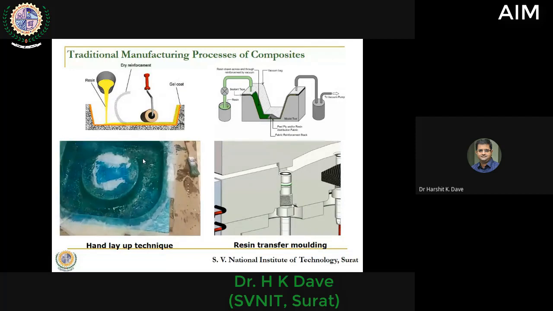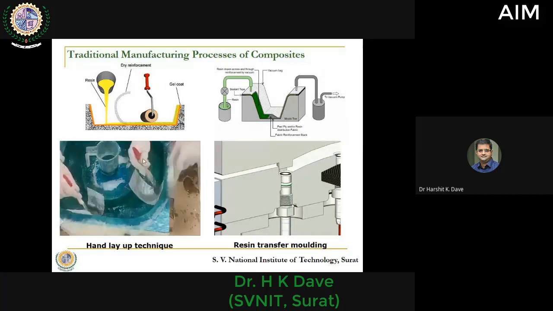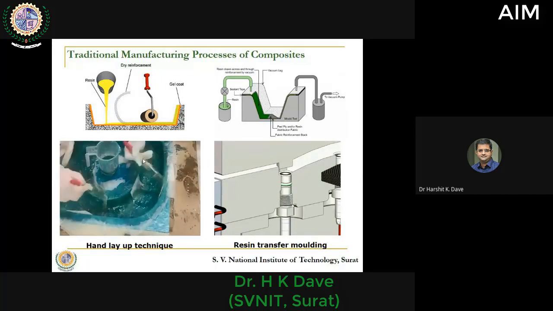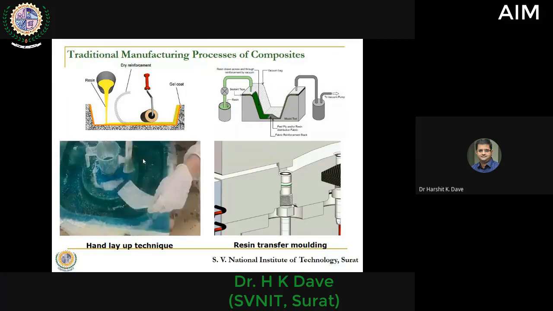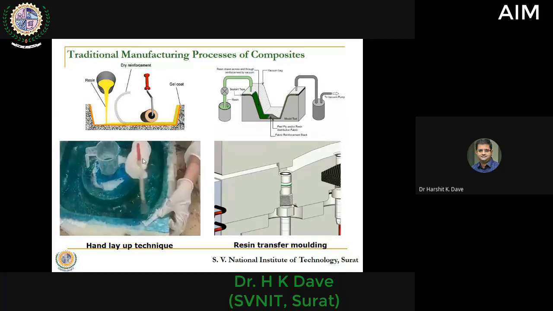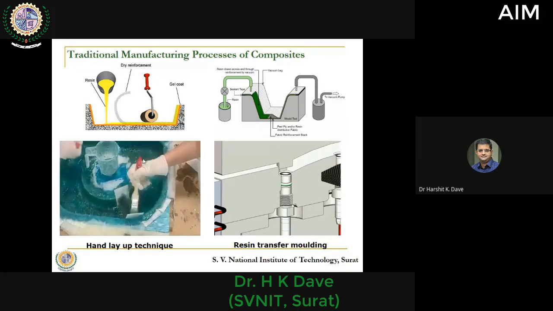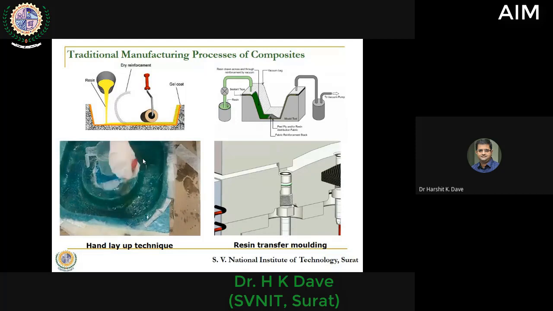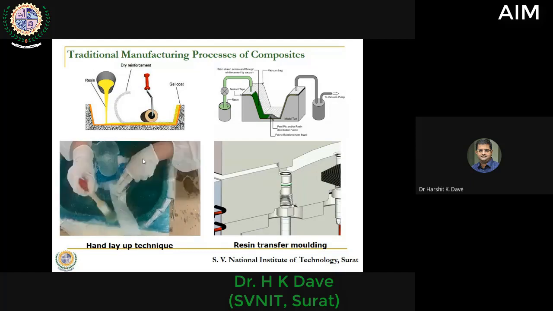Now, if we talk about traditional manufacturing processes for composites, the most elementary method is the hand layup technique. The hand layup technique is one where we prepare a mold initially and place the fabric into it, followed by the manual application of resin. This is a very lengthy, very tiresome process, and the curing also takes substantial time.